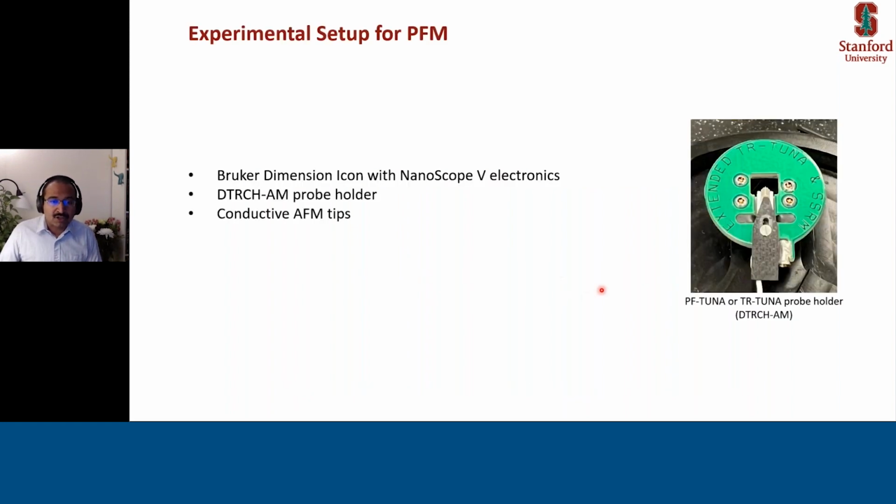We just tried to understand, let's look at what we have. We were working with the Bruker Dimension Icon with NanoScope 5 electronics, a DTRCH-AM probe holder. Some of you may know this as the TR tuner or the PF tuner probe holder. And we were working with conductive AFM tips to try to replicate the work of PFM.